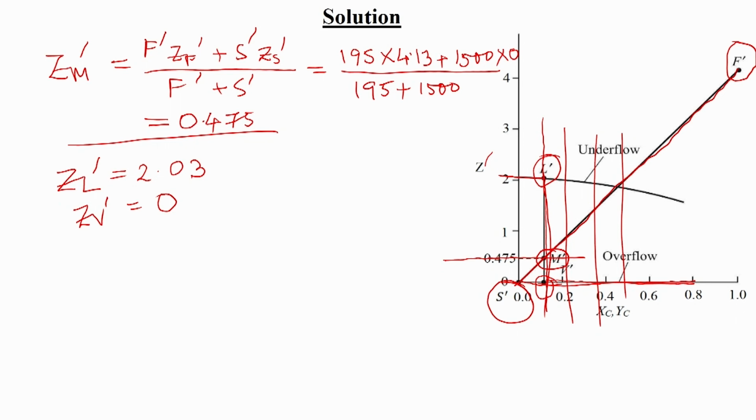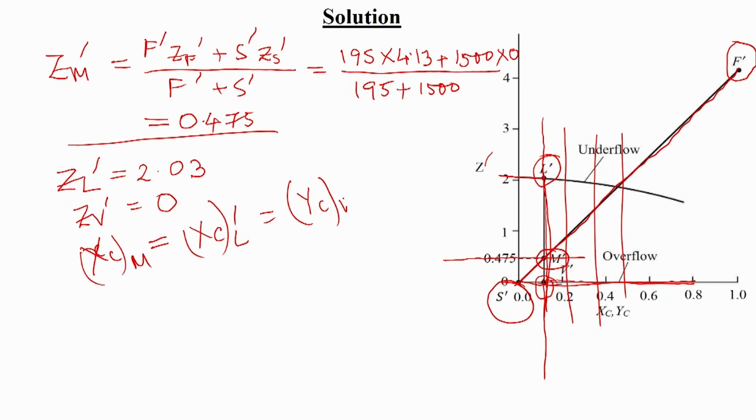Now, this XCM, whatever values we are getting, this XC value, for all the cases, for underflow, for overflow, for the mixture, that is the XCM value, this capital XCM value is nothing but the XC L prime, that is nothing but YC V prime, that is coming out as 0.115.